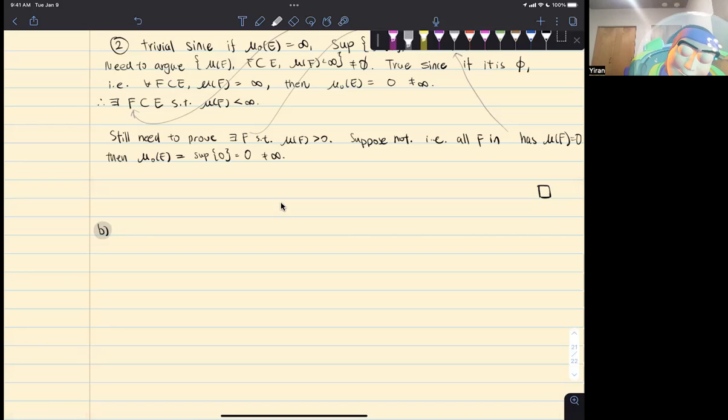Let E1, E2, and so on be in M. So we need to show mu of the union from 1 to infinity of Ej is equal to the summation from 1 to infinity of mu of Ej.